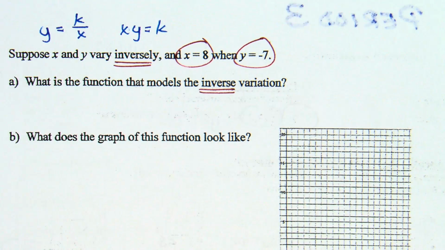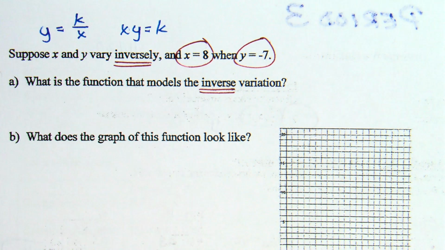So, we're being asked to find a function that represents a situation for an inverse variation when x is 8 and y is negative 7. What do we do? Take x times y to find k.